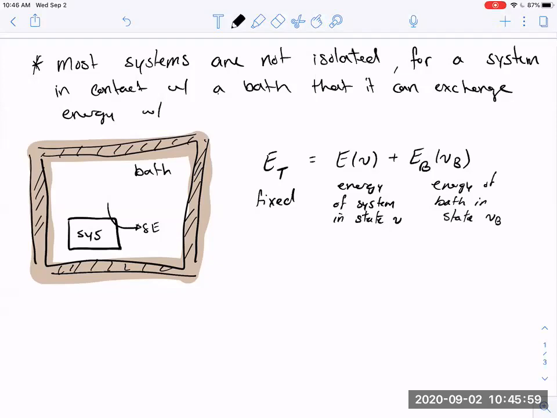The microstate of the system is denoted nu, and the microstate of the bath we'll denote nu sub b.